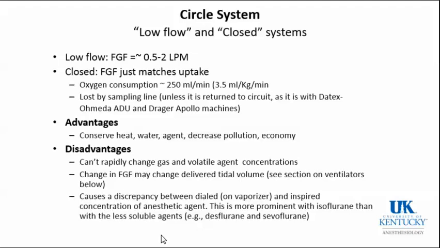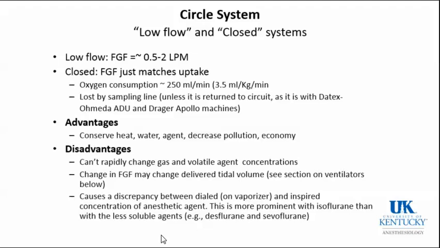Circle systems can be operated at high fresh gas flows, 5 liters a minute, at what is called low flow, and there's no official definition, but arbitrarily I've listed between 1/2 and 2 liters a minute as low flow. And a closed system, when, as I mentioned already, the fresh gas flow matches the uptake. If oxygen consumption is about 3.5 milliliters per kilo per minute, that would be about 250 cc's a minute.